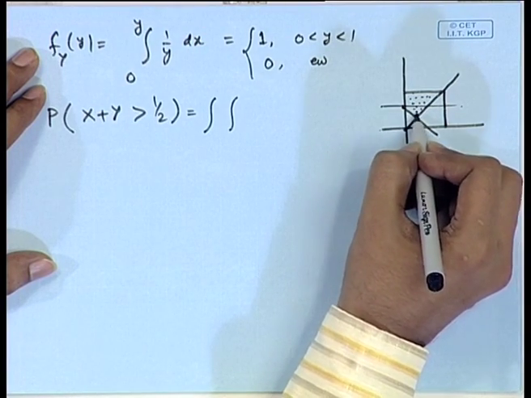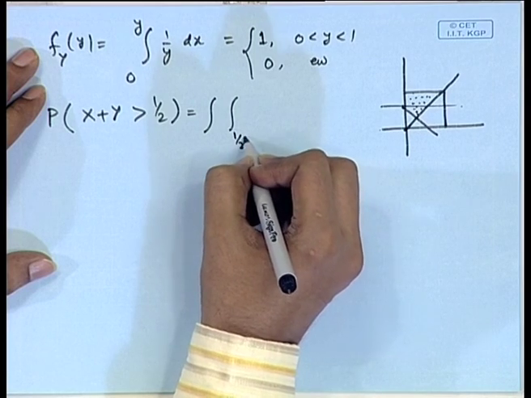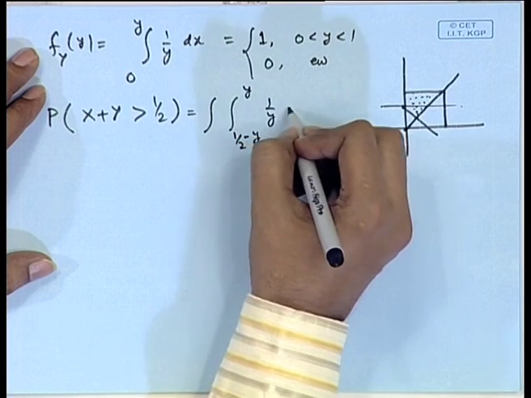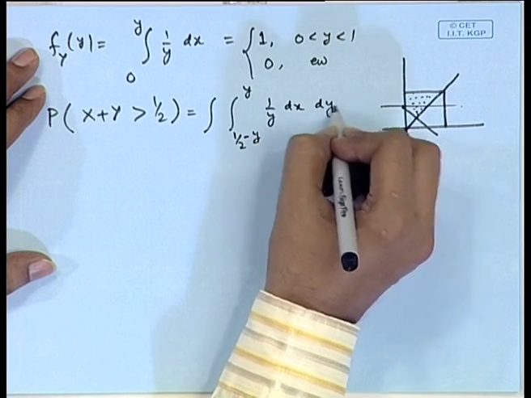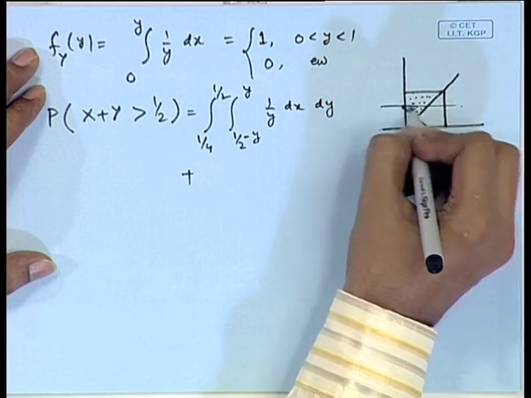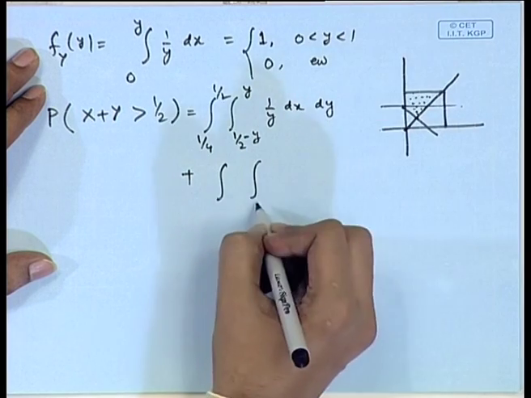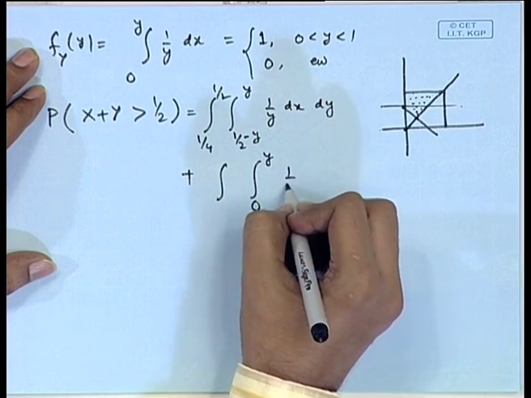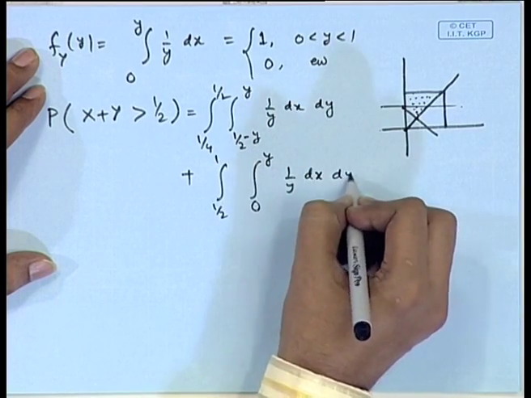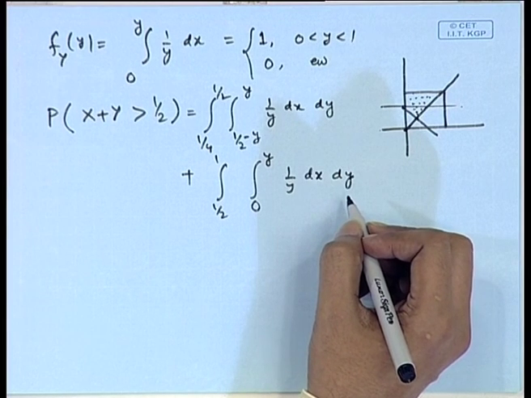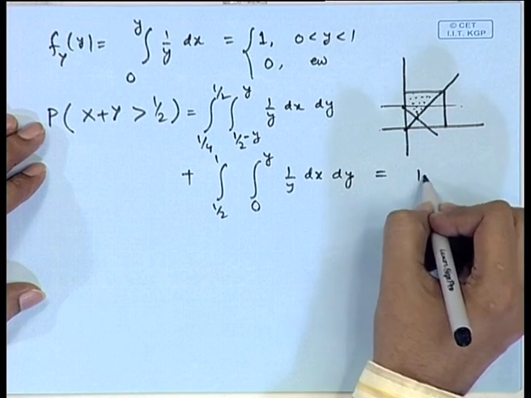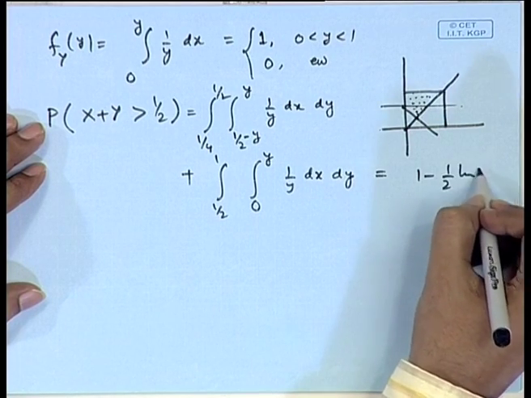Here x is from half minus y to y, and y is from 1 by 4 to half, plus in this portion x is from 0 to y and y is from half to 1. So, this can be evaluated and the sum of the two integrals is 1 minus half log 2.